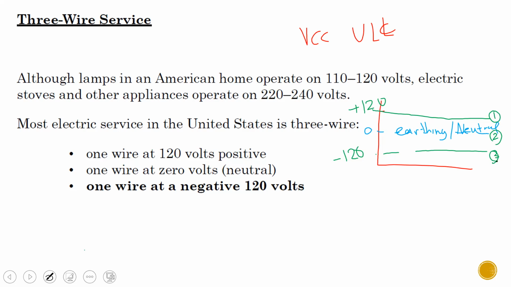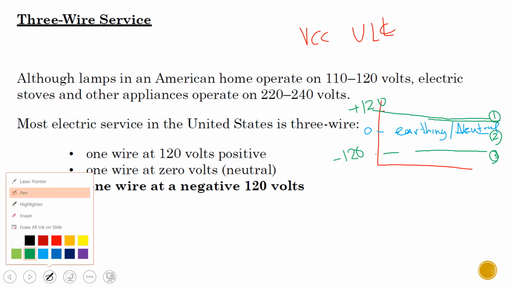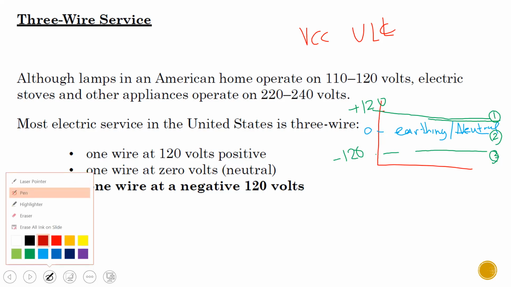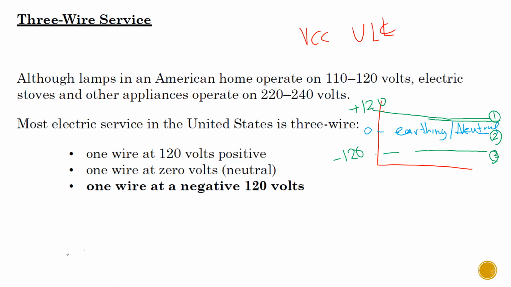So what does it mean? If there's a fridge that works only on 110, the machine uses only 2 lines, the 120 with the 0.